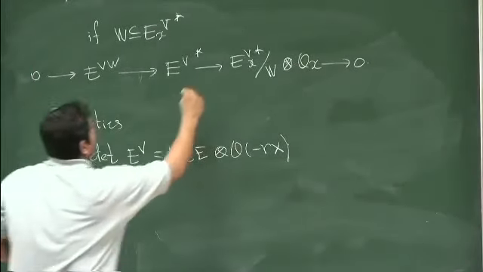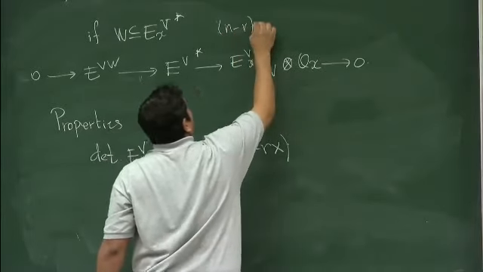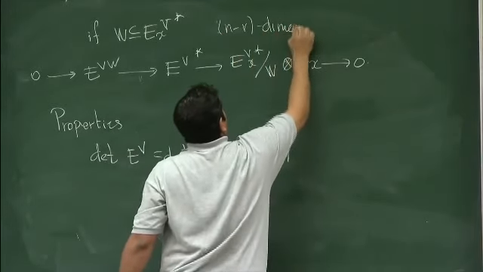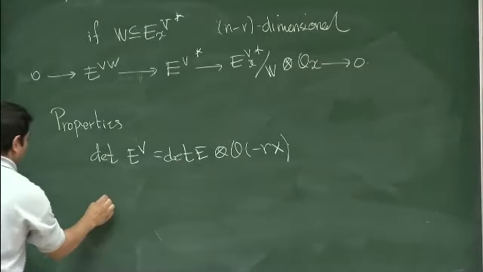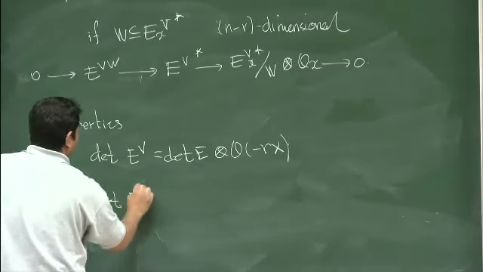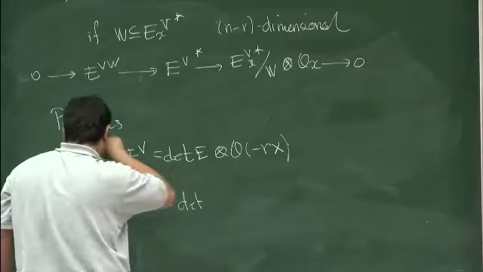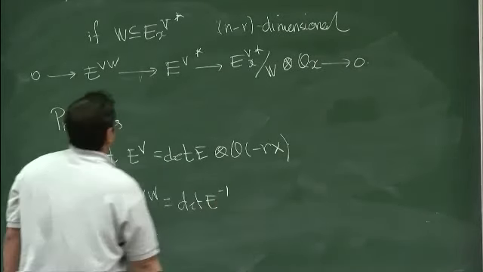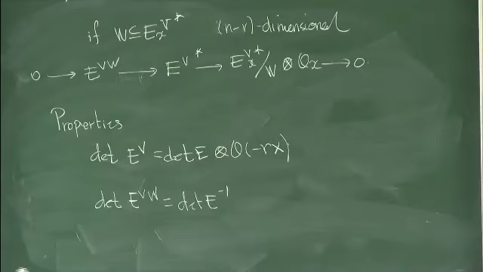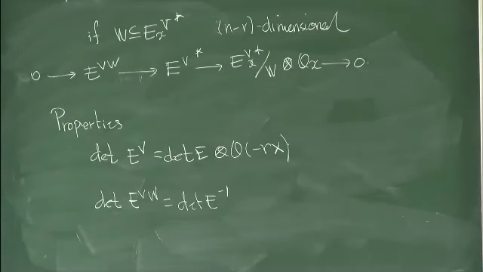And if W is also n minus R dimensional, then the determinant of E_VW is the determinant of E in this case.